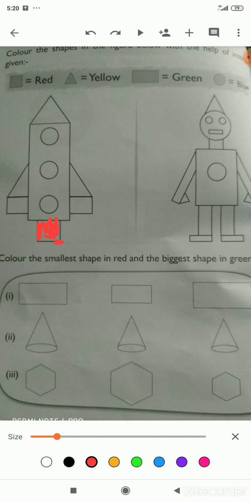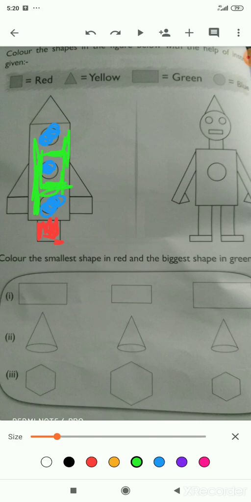Now for circle we have to color blue. So here we have a circle, so we have to color it blue. And for rectangle we have to color green. So this is the rectangle, so we have to fill it with green color.